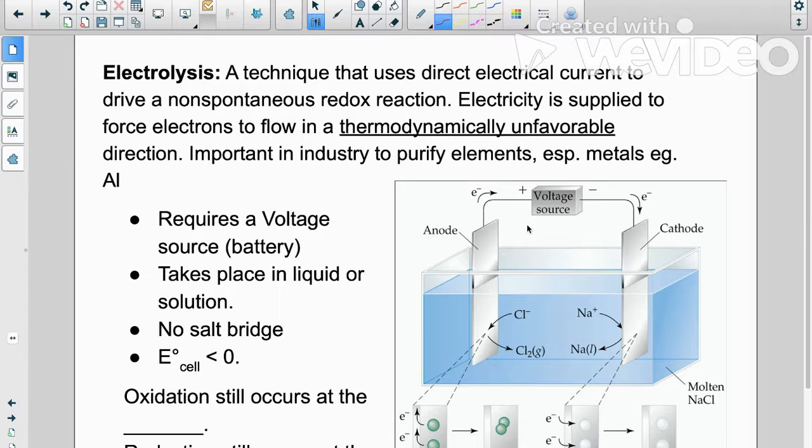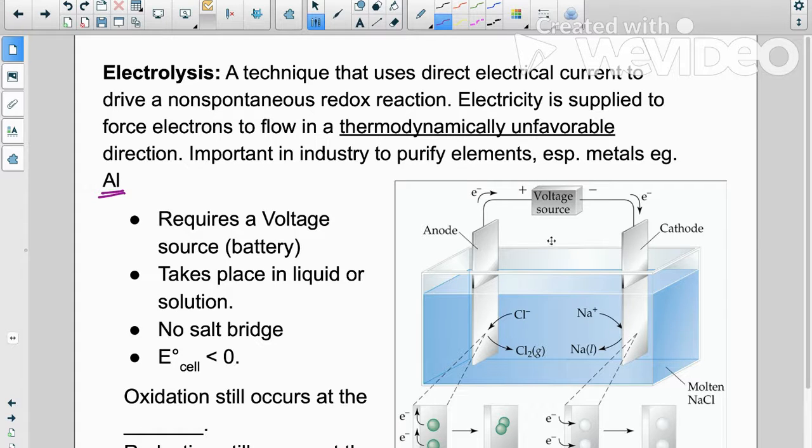One of the most industrially important uses of electrolysis is the purification of aluminum from bauxite. Bauxite is the aluminum ore, and so electrolysis is used to separate pure aluminum from the aluminum oxide ore that people mine in the earth.